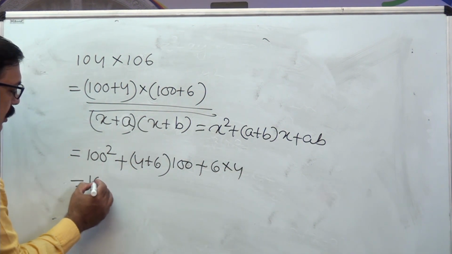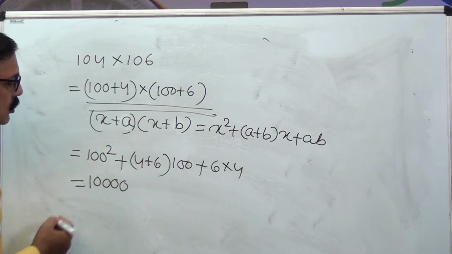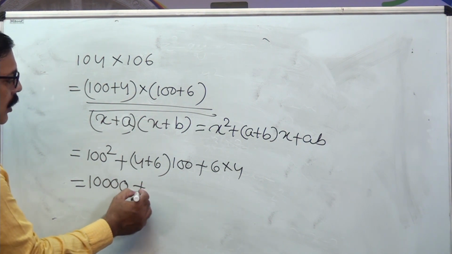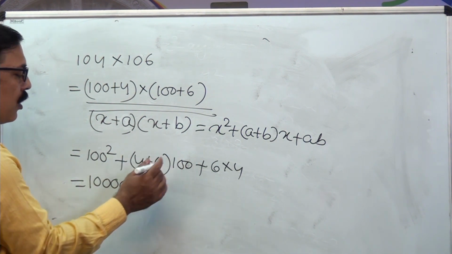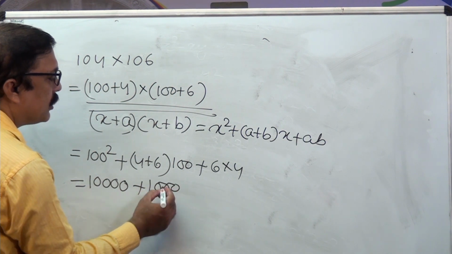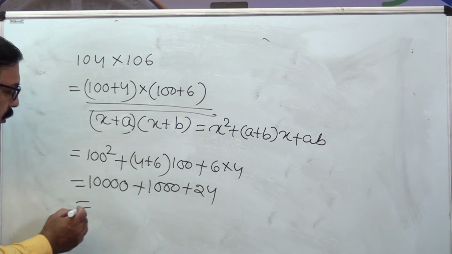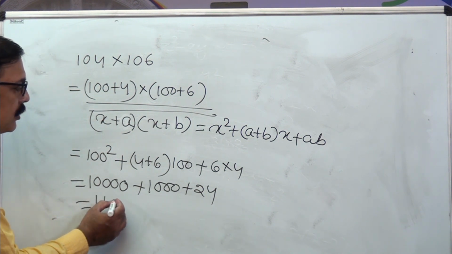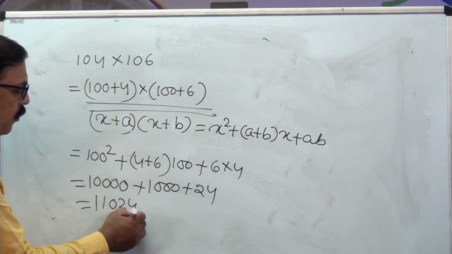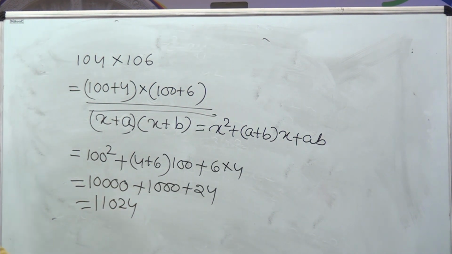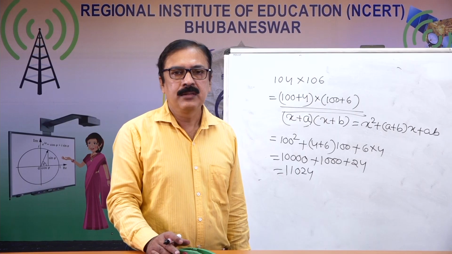That means here it is 100 square plus 6 plus 4, 10 into 100 gives 1000, plus 24. The result is 10,000 plus 1000 plus 24, 11,024. If we directly multiply, we can see that the result will be 11,024. Now let's see another example.